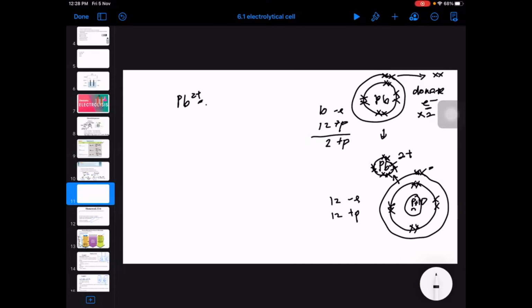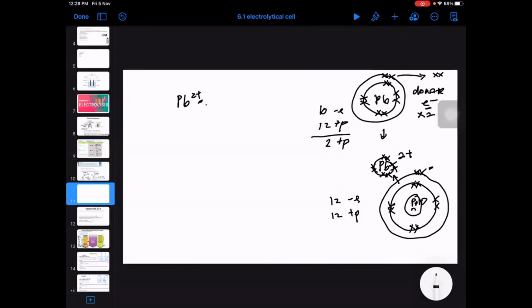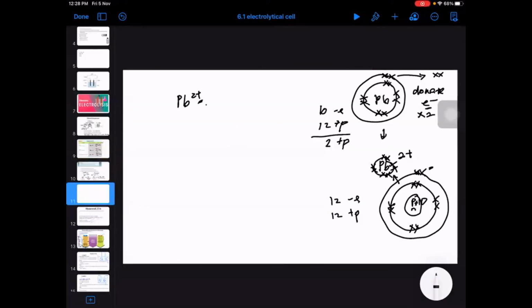Okay, so now back to the question just now. Lead now is ion. So it will turn back to atom by accepting 2 electrons.